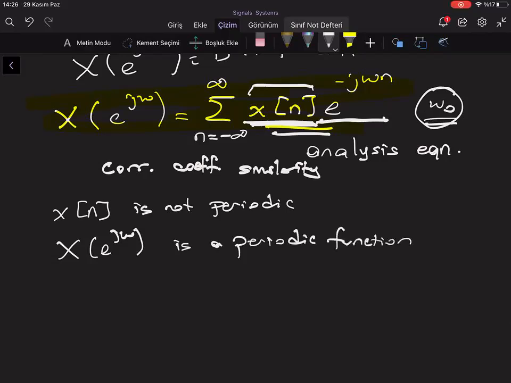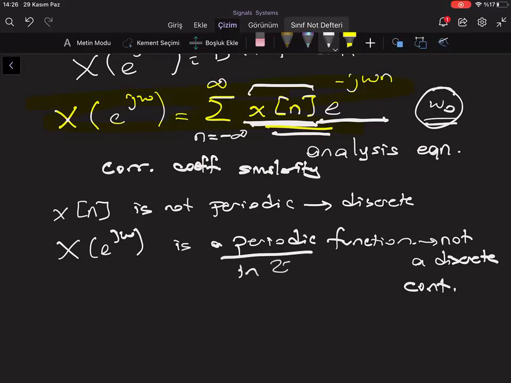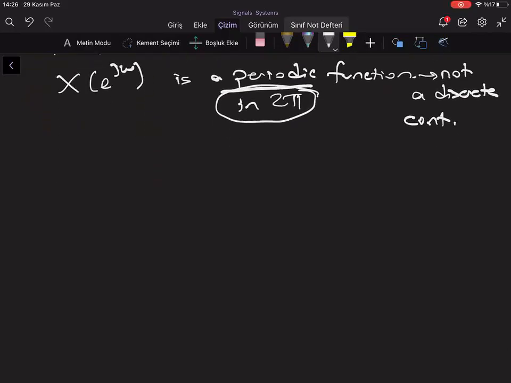So this is a function which is like a discrete signal, and this is not a discrete function, it is rather a continuous function. Okay. So let's move on. Periodic in 2 pi. Okay, this was something that we discussed when we were talking about continuous time, discrete time Fourier series also.